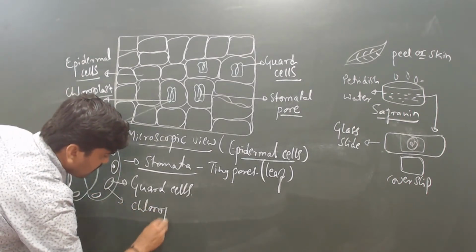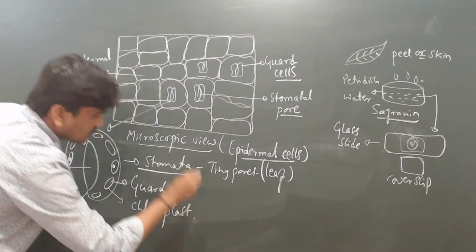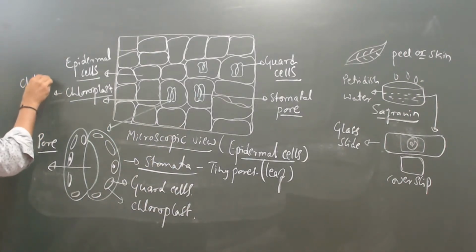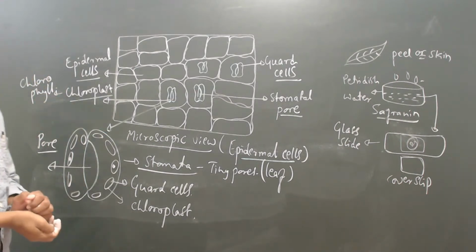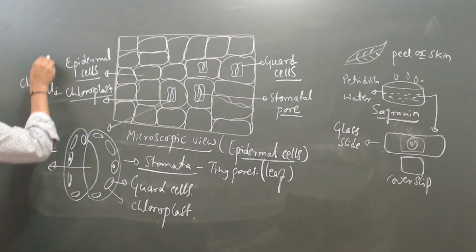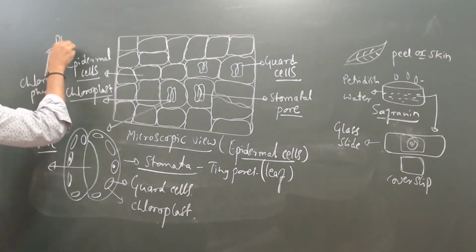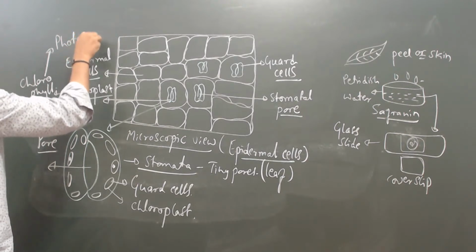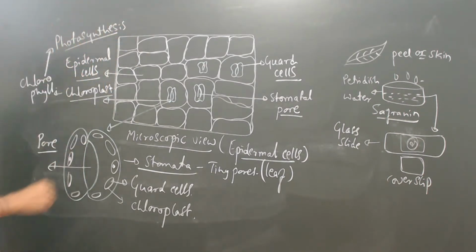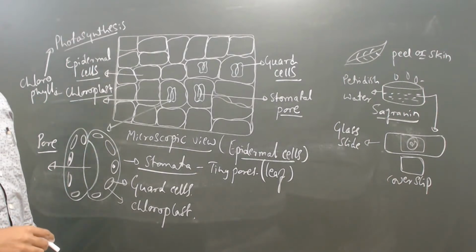It contains what? Chloroplast. If chloroplast is there, chlorophyll is also present. What is the role of this chlorophyll? This chlorophyll mainly helps in the process of photosynthesis. Process of what? Photosynthesis.